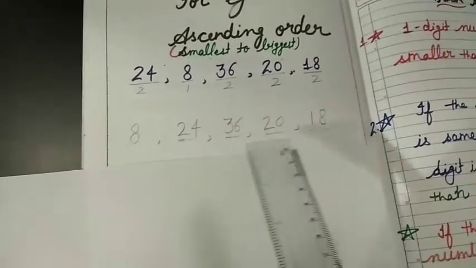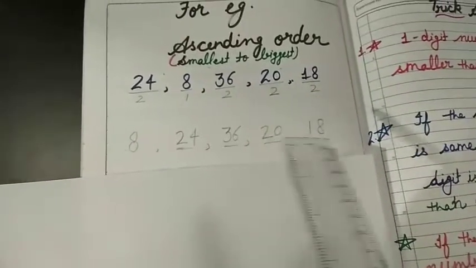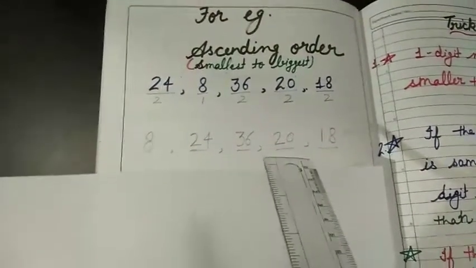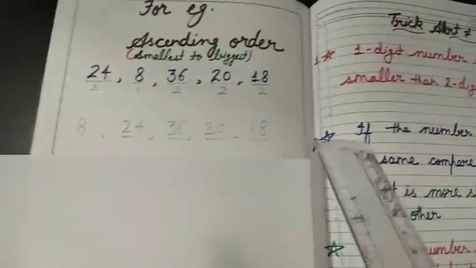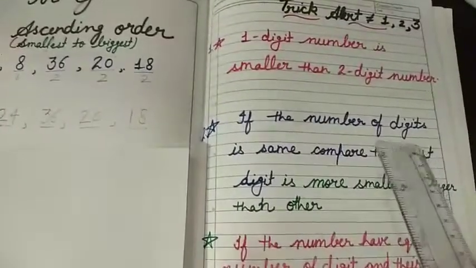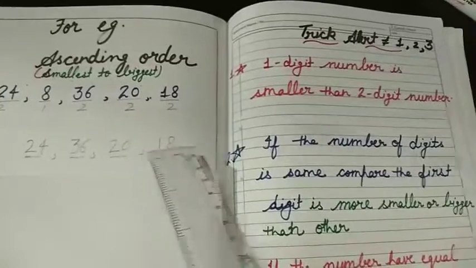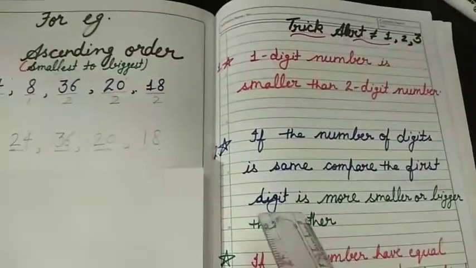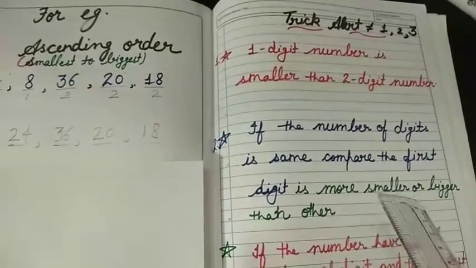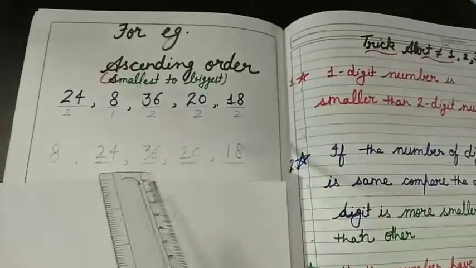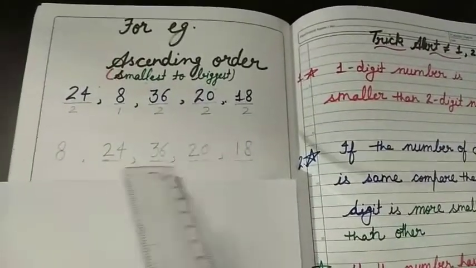Now I have written the other numbers in a group here. These are two digit numbers. So according to the second rule, if the number of digits is the same, all are the same, 2, 2, 2, 2, compare the first digit to see whether it is smaller or bigger. Now we are solving ascending order, so we have to compare which is smaller.